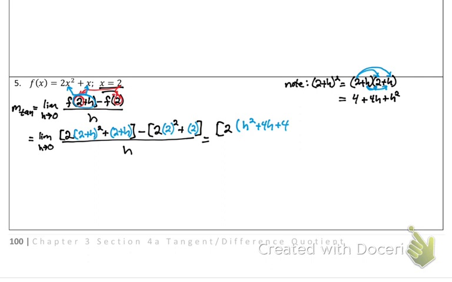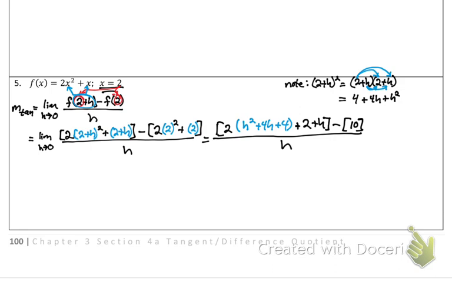Same thing, just reorganizing it. And then we have that plus 2 plus h minus, well, what is that? 2 times 2 squared is 4, times 2 is 8, plus 2 is 10. So this is our 10 all over h.